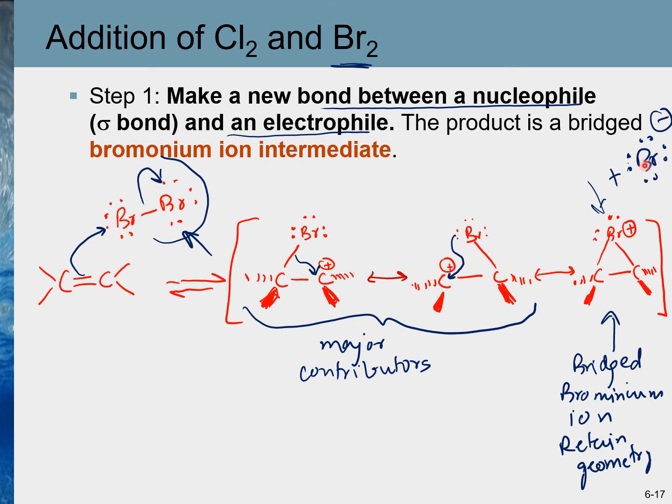And so the likelihood of this addition to happen on either of these carbon atoms is 50-50. So therefore, in the next step, this bromide nucleophile has equal probability of attacking either this carbon atom or that carbon atom. So that's why we see the two stereoisomers which will form in this reaction.